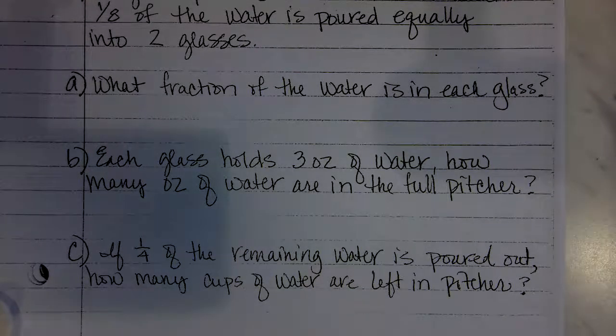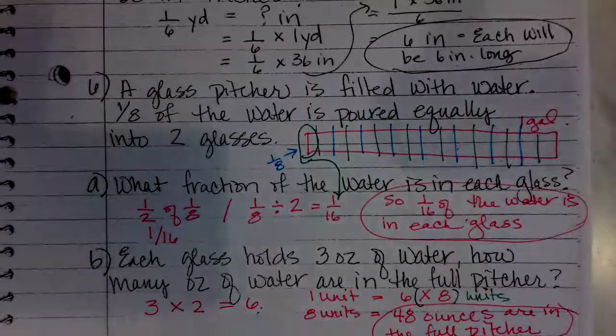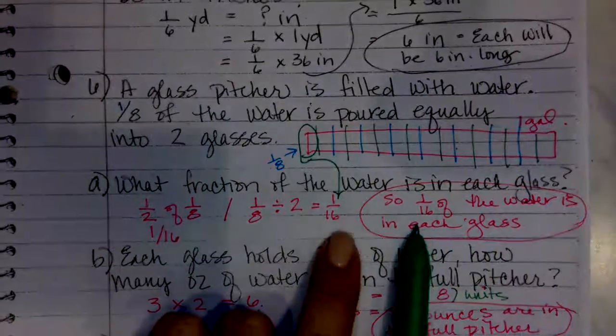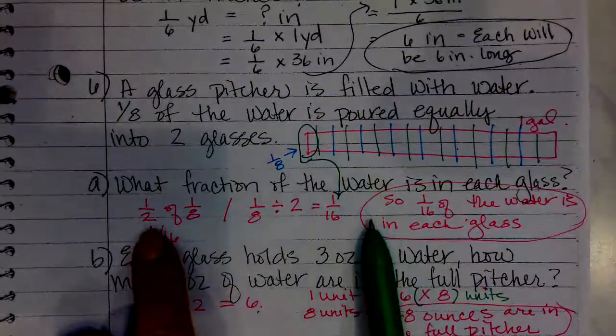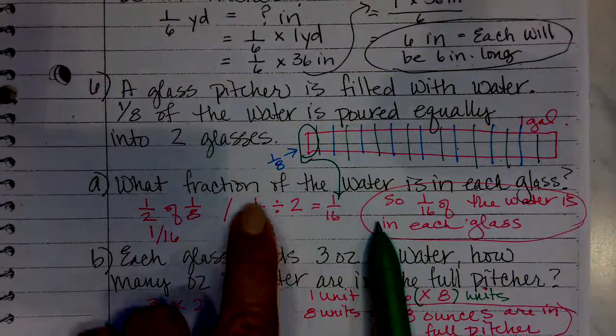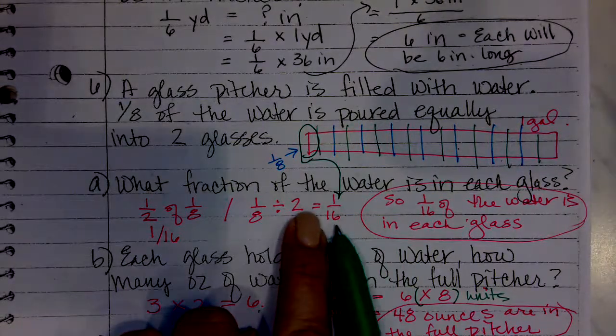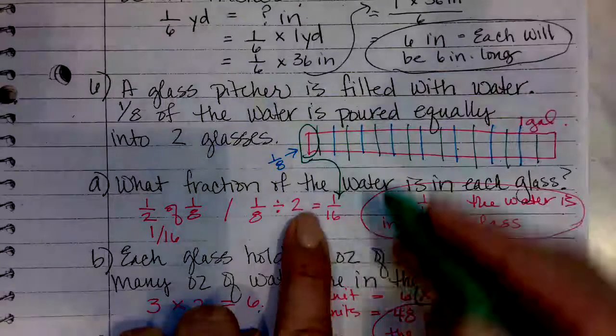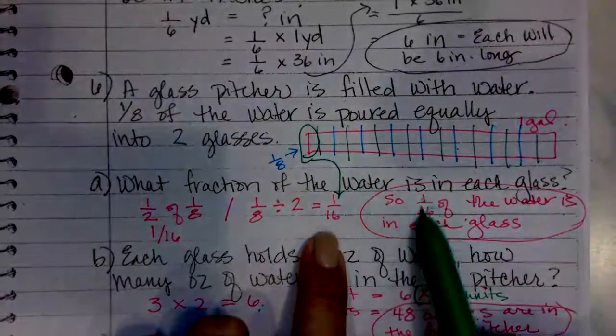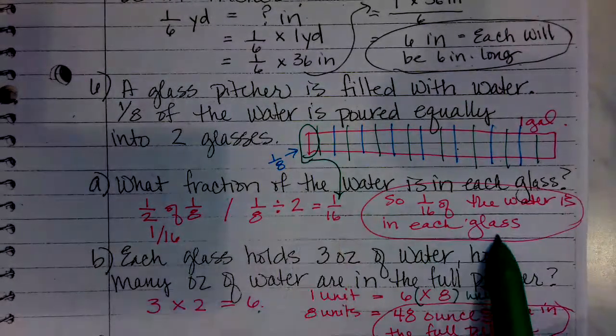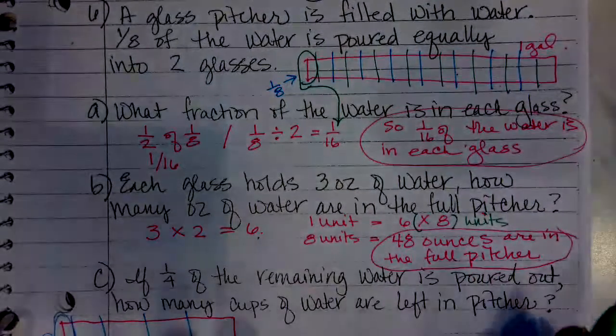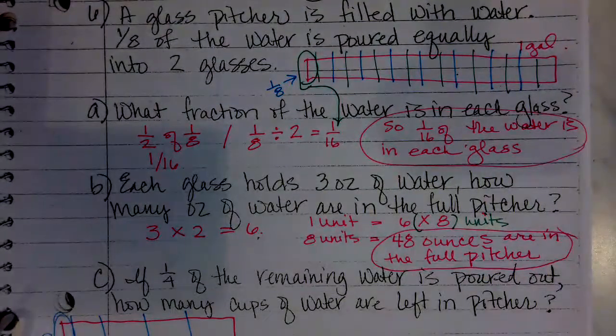Come on back. All right, so part A, I think it was very accessible to you. So 1/2 of 1/8, or 1/8 divided into 2, is 1/16. So 1/16 of the water is in each glass. I think this problem was probably very accessible as well.